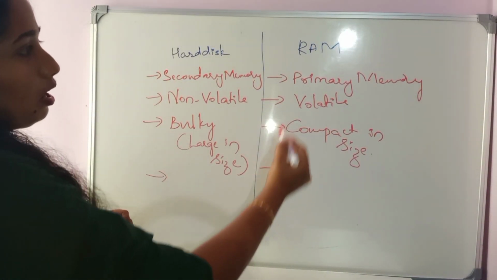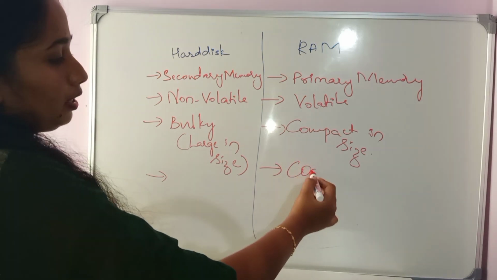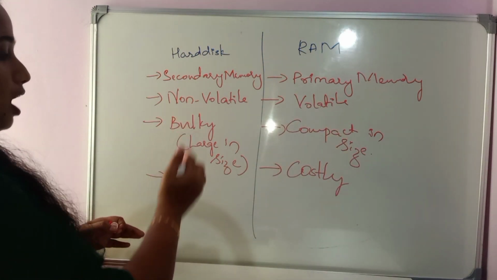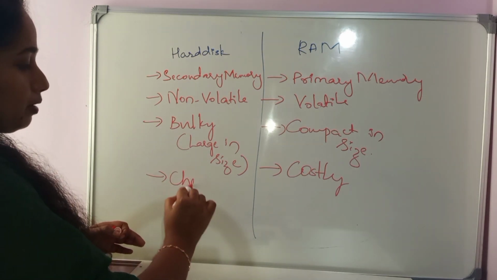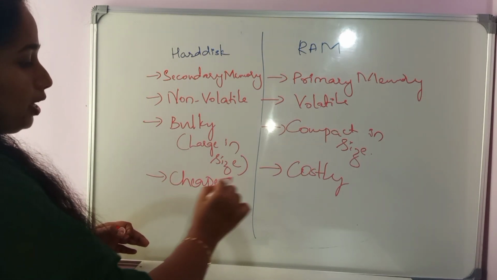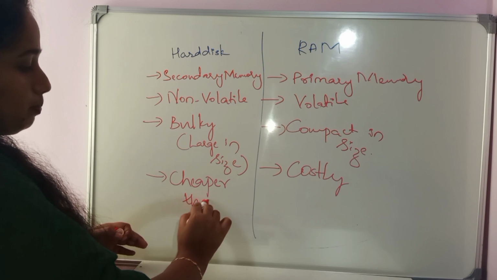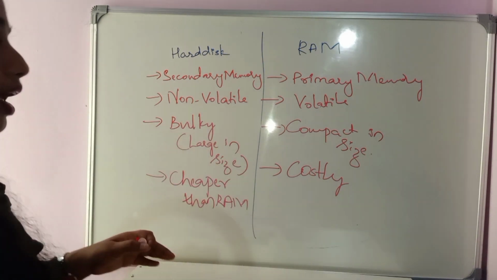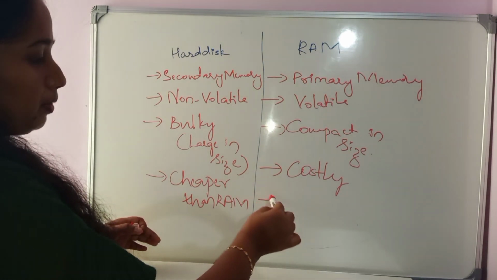Then RAM is a little costly. Price wise it is costly. The hard disk is cheaper than RAM. Let us see the memory unit.